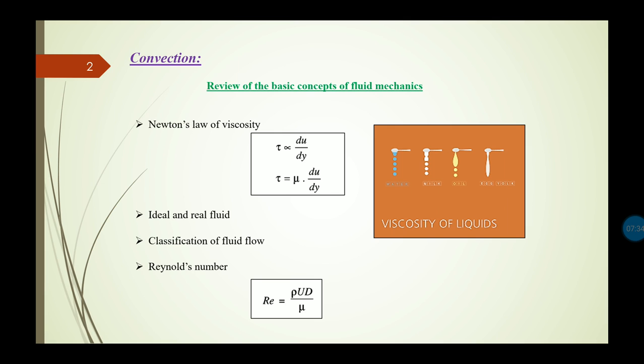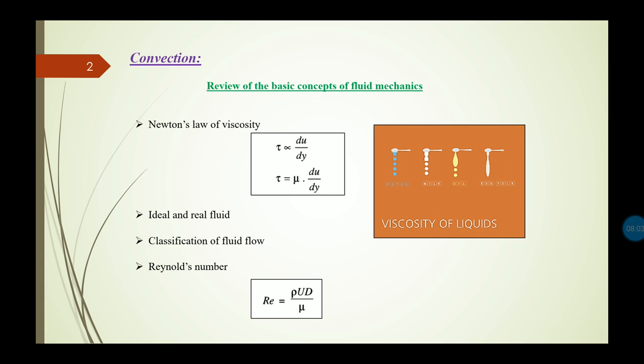It is actually a measure of the internal fluid friction which causes resistance to flow. So this is the proper definition of viscosity. It is the property of a fluid which determines its resistance to the shearing stresses applied. And now the resistance depends on the rate of deformation.